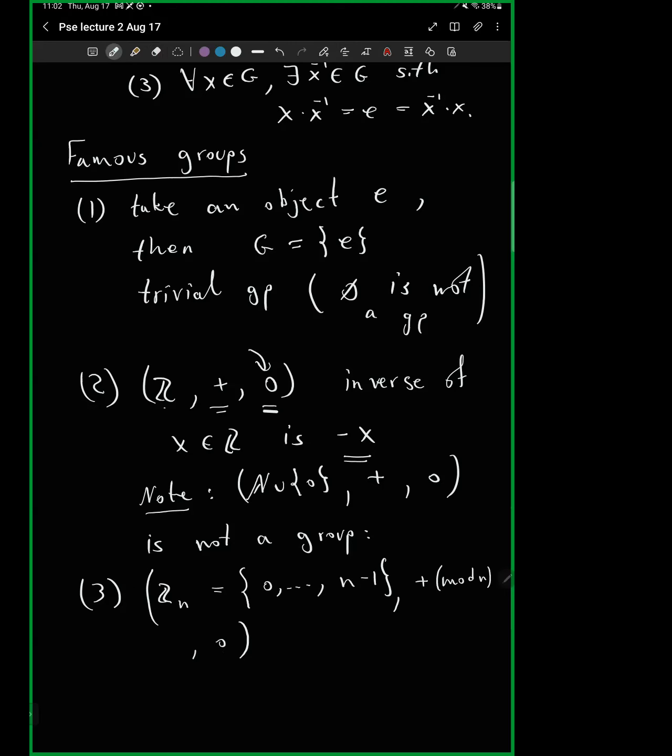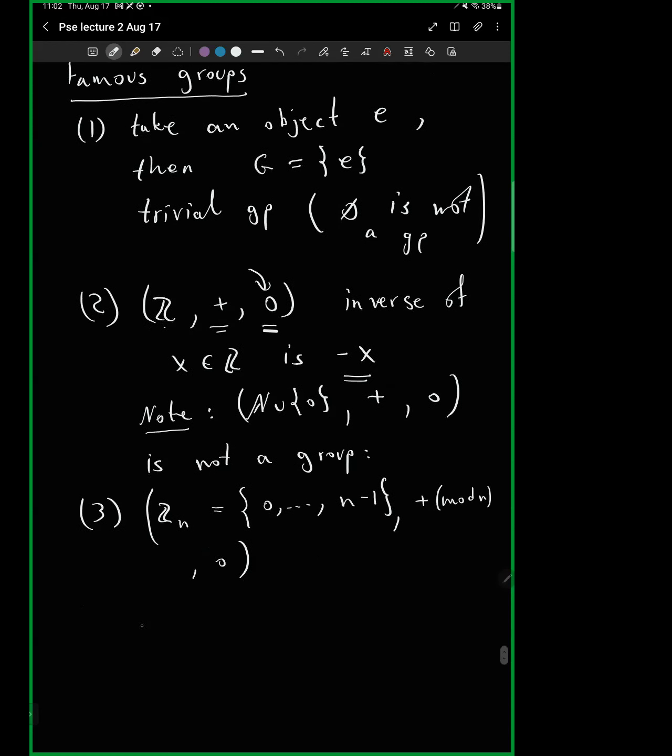And so if A is an element, then n minus A is going to be the inverse of A. Right?